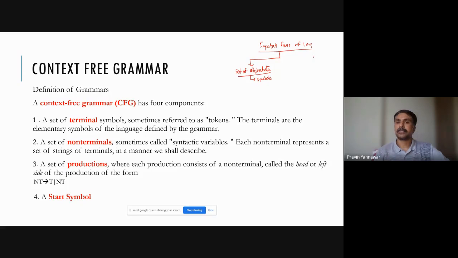And the second important term for language is grammar. Okay, and we define grammar as rules. And if at all we are going to generate something, or write some expression, or generate some symbolic structure or some word, then it must follow the rule.